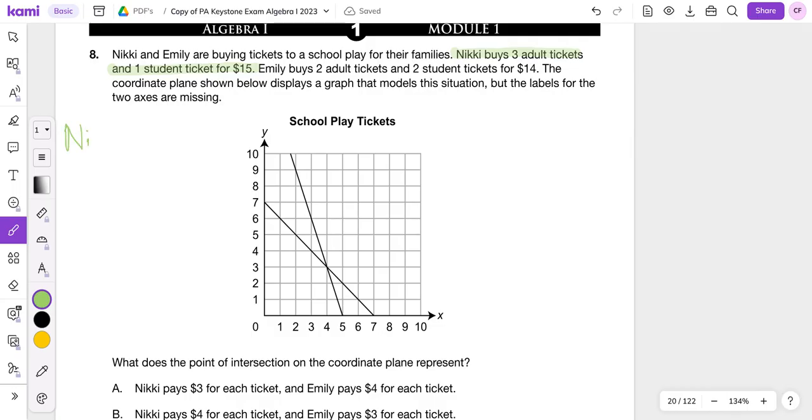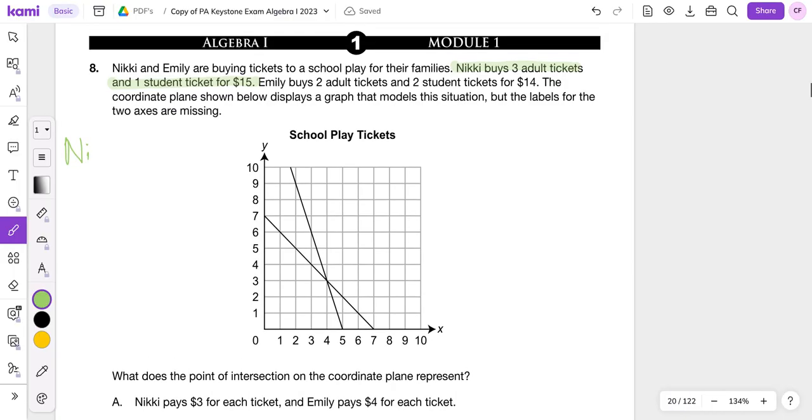I'm going to write it 2 different ways here. So with Nikki, we have 3 adult, so 3A, plus 1 student, we could just do S or 1S, and it is equal to $15.